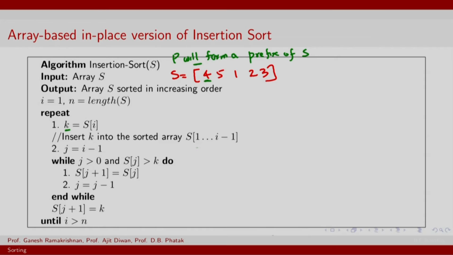So this prefix will basically be elements from S ranging from indices 1 to I minus 1. So your initial index I was initially here at 4, I equals 1. So initially the prefix P, which corresponds to S1 to I minus 1, will be empty. But going forward, for I equals 2, this will be just 4.